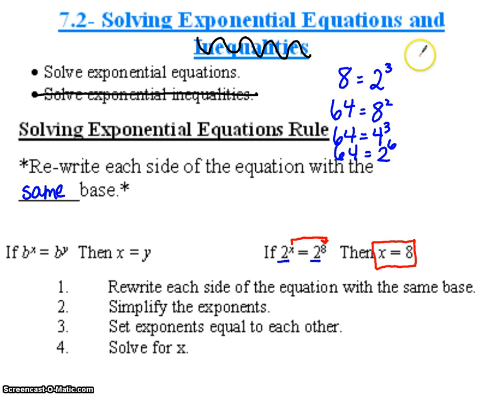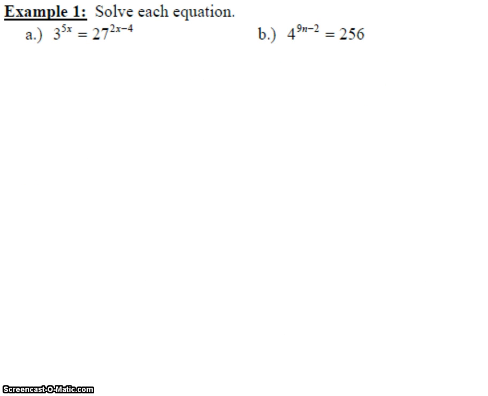So let's look at our first example here. If you have to solve each of these equations, notice we have a 3 to the power of 5x. And over here we have a 27 to the power of 2x minus 4. Unfortunately, they're not the same base, but we can rewrite each of these to have the same base. This 3 here, that's as low as you can go there.